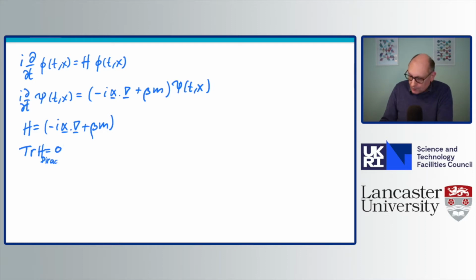So if we have a positive energy solution, then there's also a negative energy solution. Remember that the eigenvalues of the Hamiltonian are the energy levels for the solutions to the wave equation. Now this means that we will get negative energy solutions also to the Dirac equation.